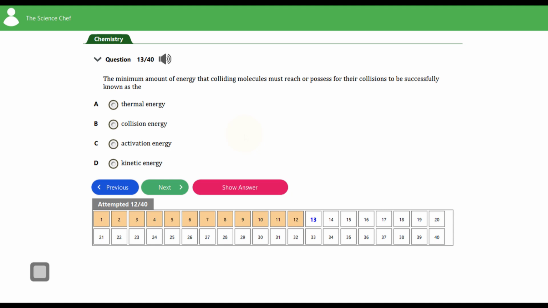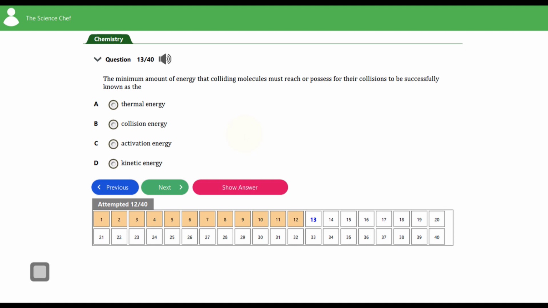So activation energy, otherwise known as the energy barrier of a chemical reaction, is the minimum amount of energy that the colliding particles must reach or must possess before any reaction can occur, right? So that's why they are told that for their collisions to be successful. That's why once their collisions are successful, it means that a reaction has occurred.